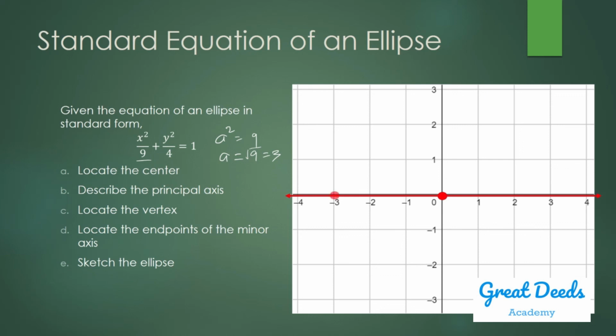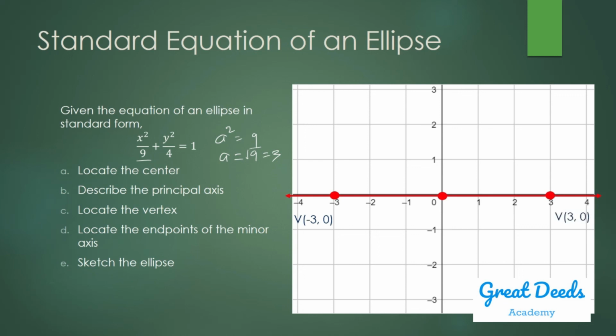So that is one vertex: 0 minus 3, that's why it became negative 3. And then the other one is 0 plus 3. From the center at 0, you add 3 to the right. That will give you another vertex.